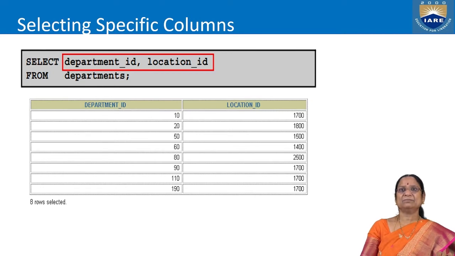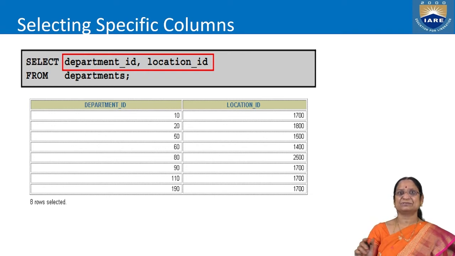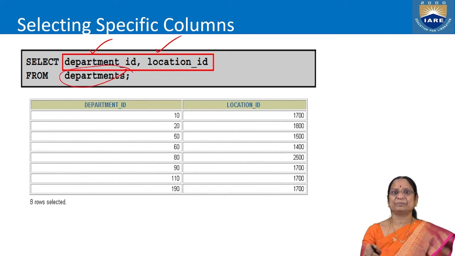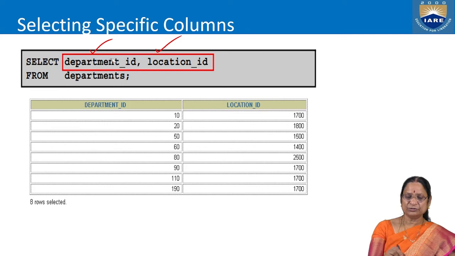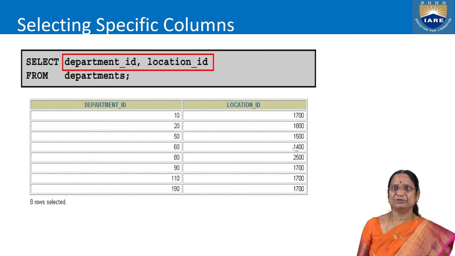I want only department ID and location ID. Then I will use SELECT department_id, comma, location_id FROM departments. Only two attributes are taken from the departments table. So only those values are displayed: 10, 1700, 20 and so on.